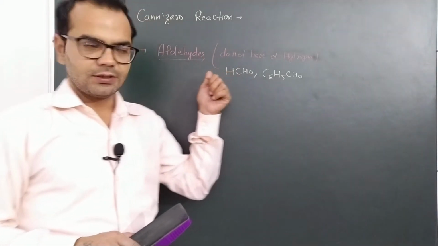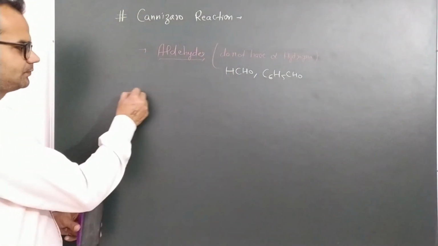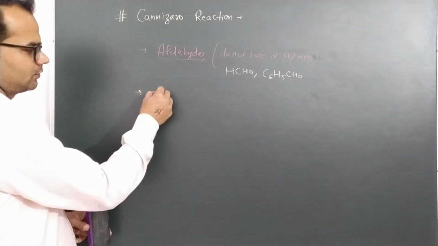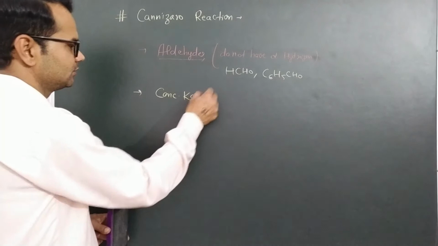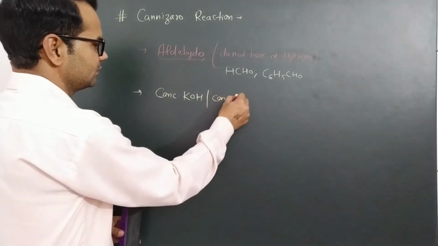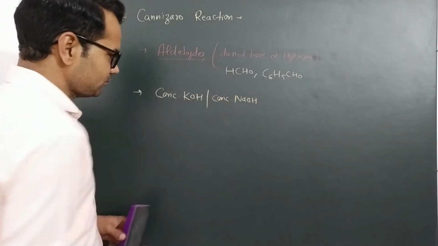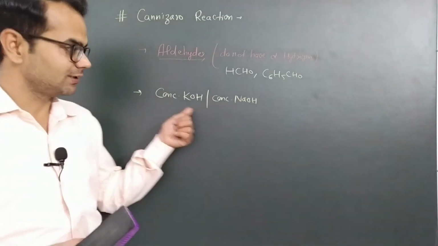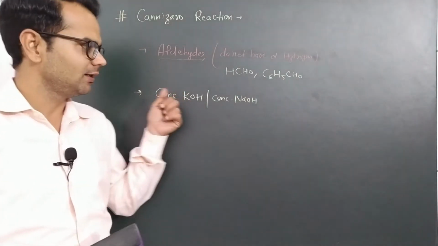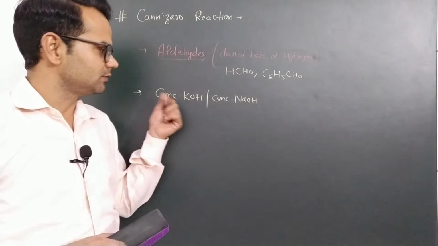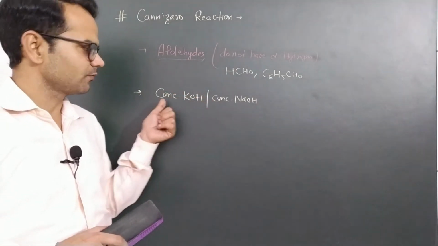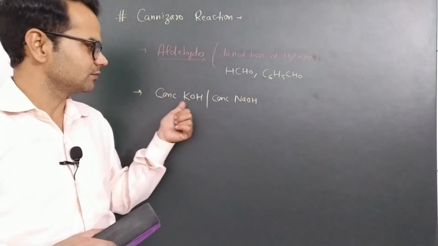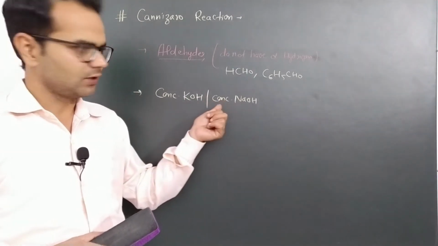And the condition required for Cannizzaro reaction is a strong base, that is concentrated KOH or concentrated NaOH. So the condition is also different from aldol condensation. In aldol we have used diluted NaOH or diluted KOH, but here we require concentrated base, concentrated KOH or concentrated sodium hydroxide.